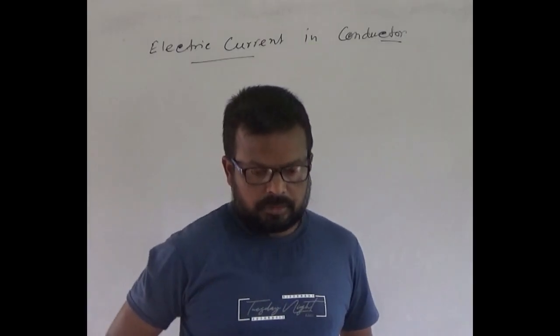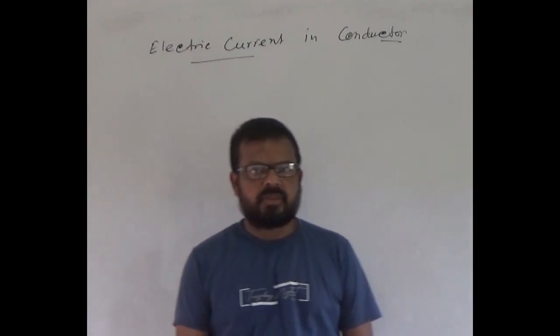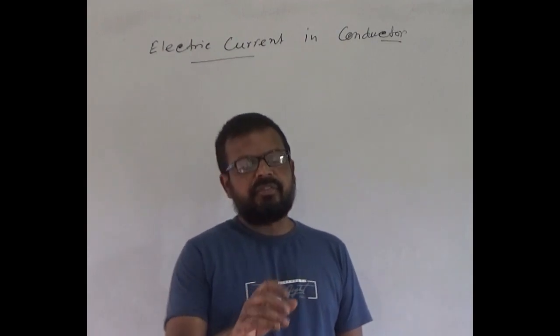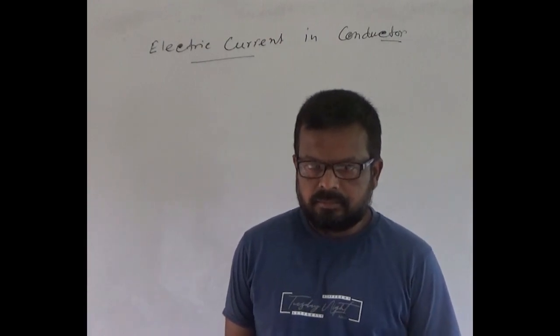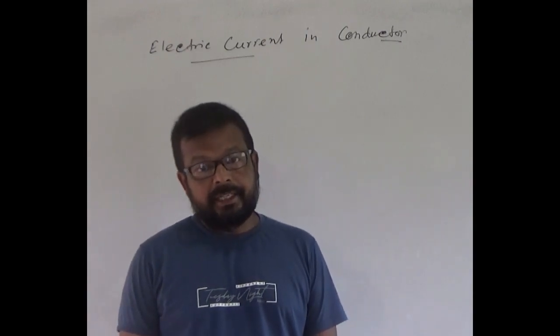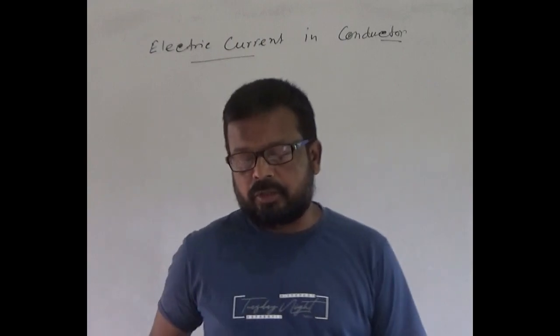Now today we are going to discuss electric current in a conductor. Materials are divided mainly into three different categories. One is called conductor, the second is called insulator, and in between these two there is a material called semiconductor.